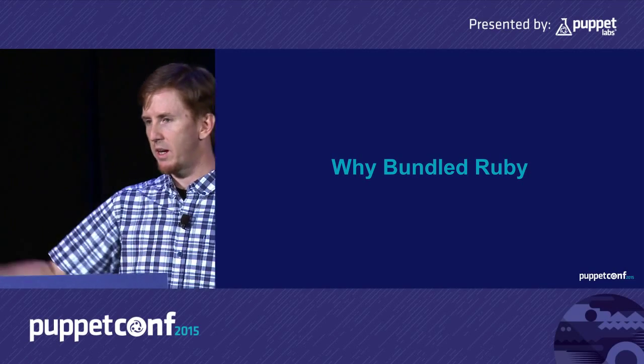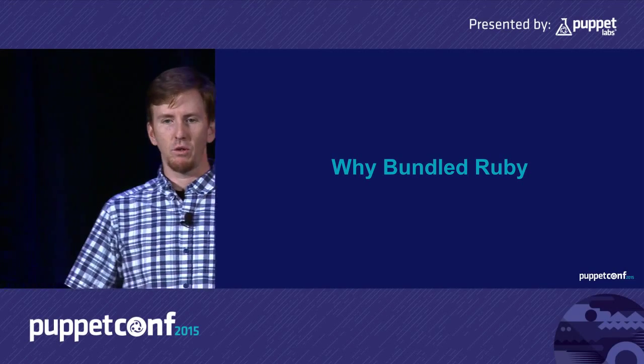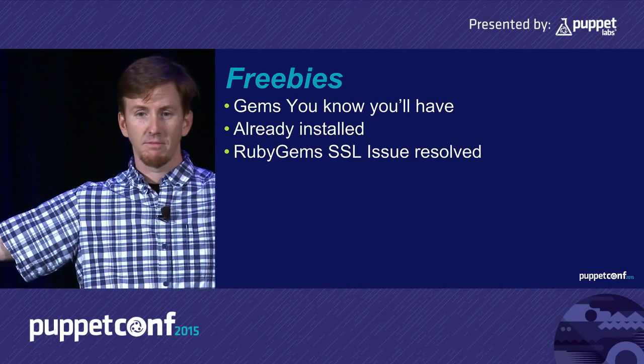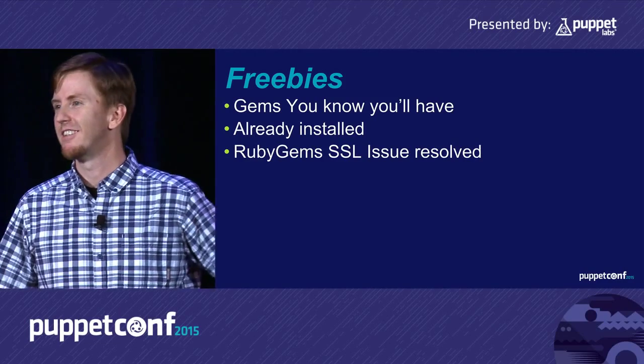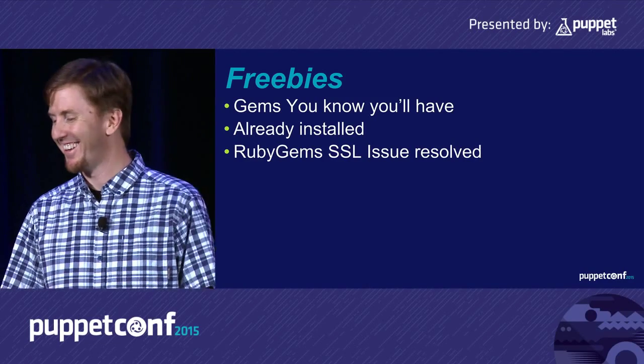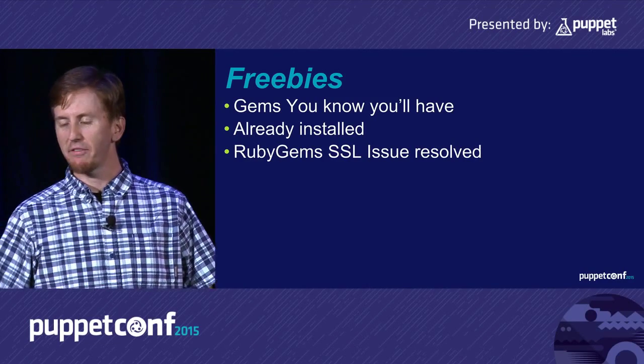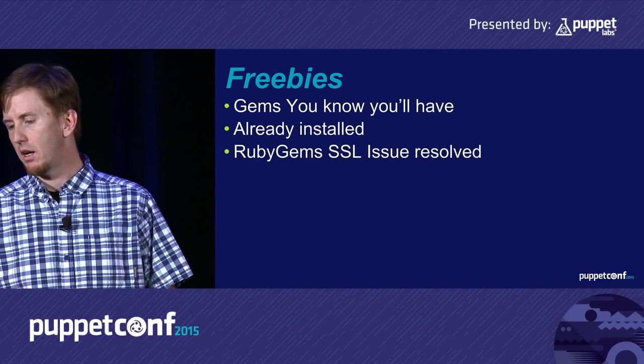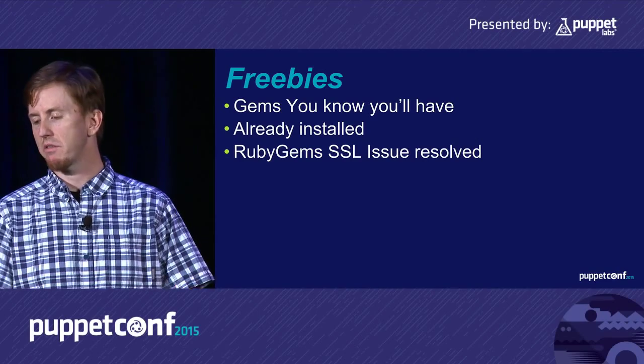So what are some of the reasons why you would want to use the bundled Ruby? Freebies. Who doesn't like freebies? Gems that have been tested and vetted by Puppet Labs are already installed, ready on your gem path.